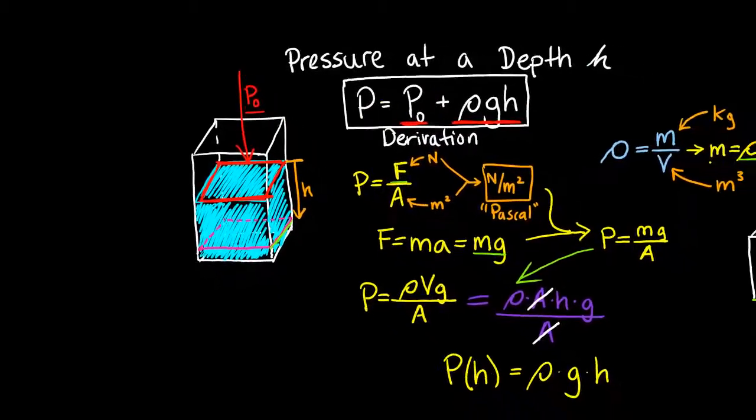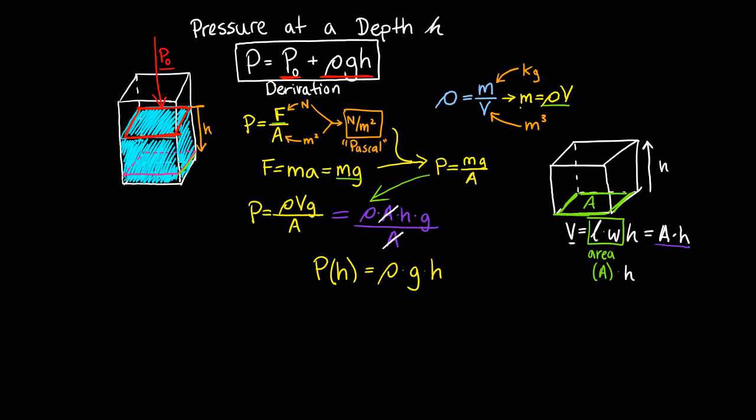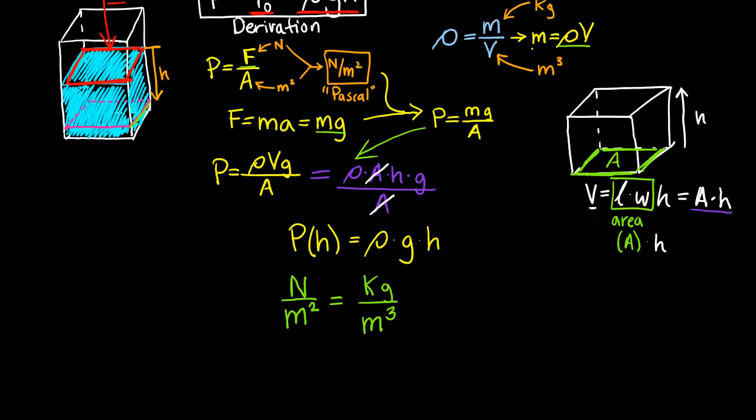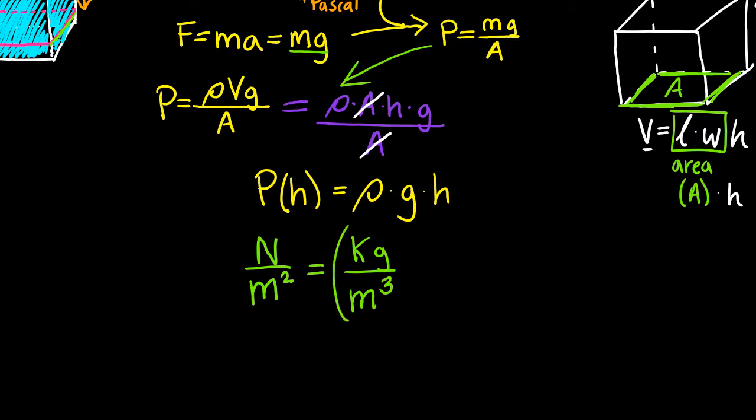Now we're going to check our units. First, reminding ourselves that pressure is a Pascal, which is a Newton per meter squared. Let's see how the other variables are going to play out. The units for density we discussed at the top would be kilograms per cubic meter. We are multiplying this by the acceleration of gravity, which is a meter per second squared.